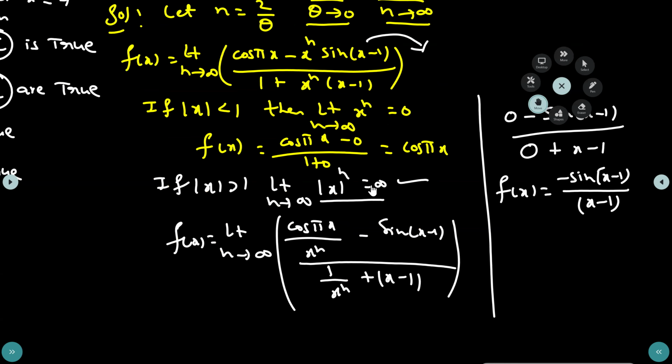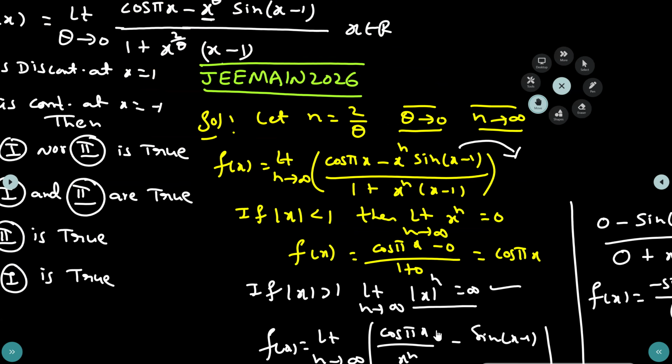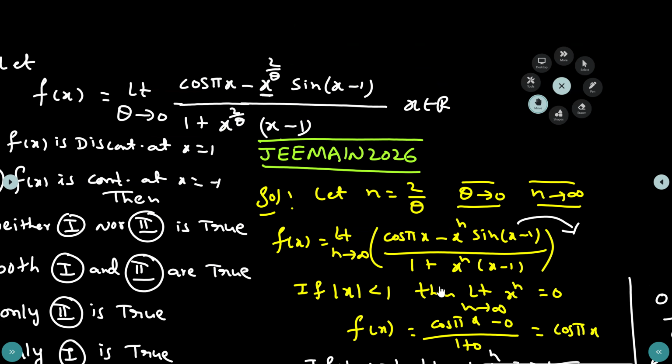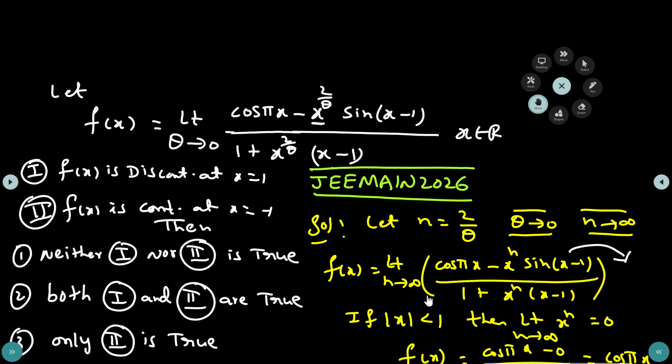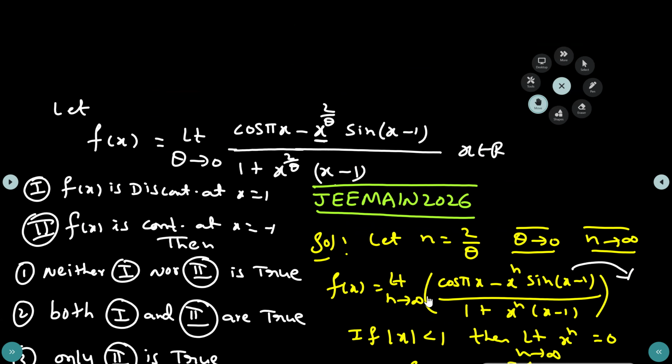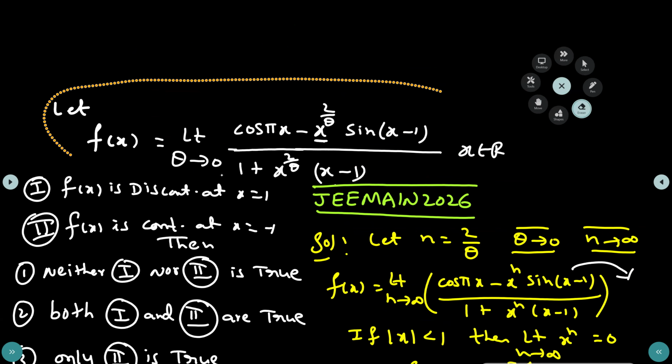Now I am moving to the question. You can observe, in the first case for mod x less than 1, what we got? f of x as cos pi x. If mod x is greater than 1, what is f of x? Minus sin of x minus 1 by x minus 1. Now I am rewriting the given question. The given question says it is continuous at 1 and minus 1.